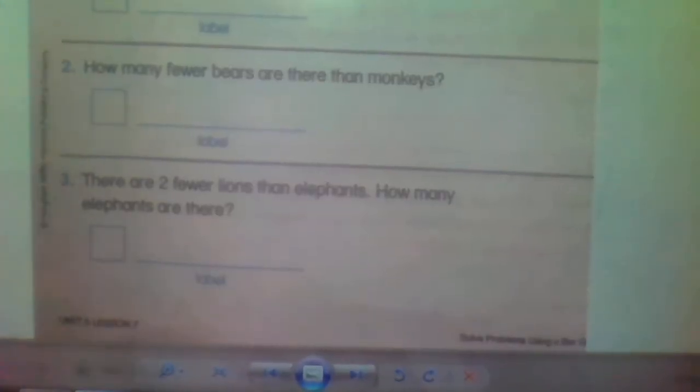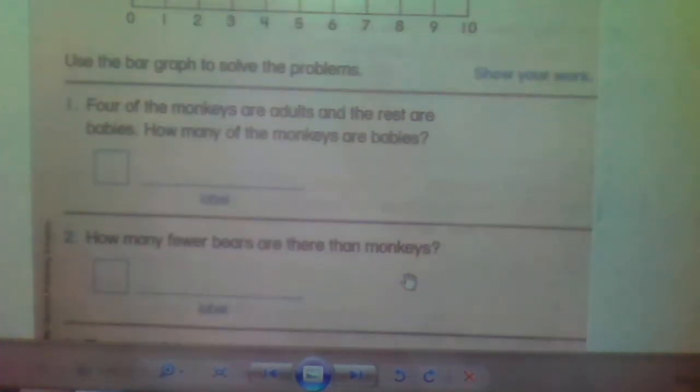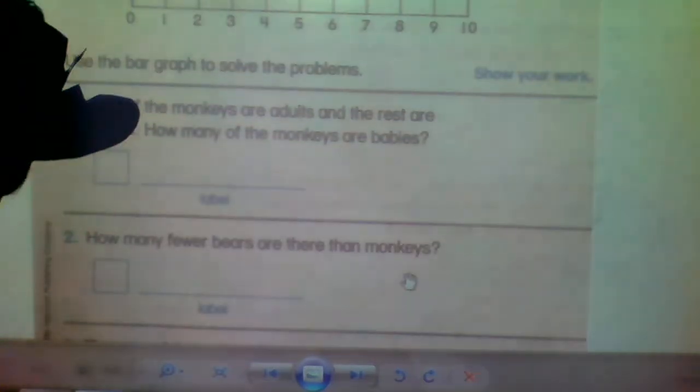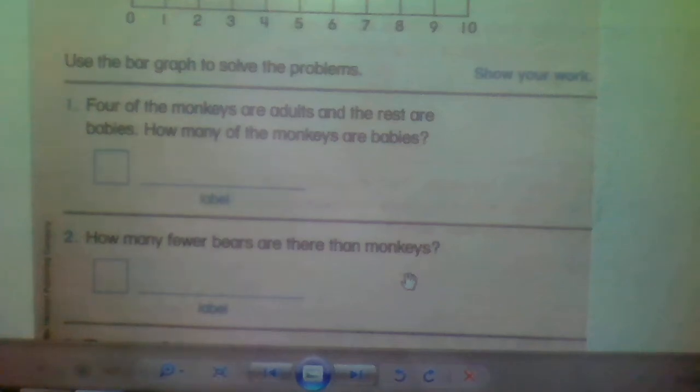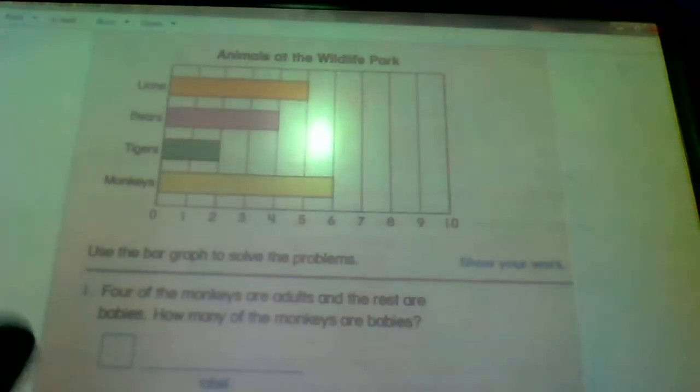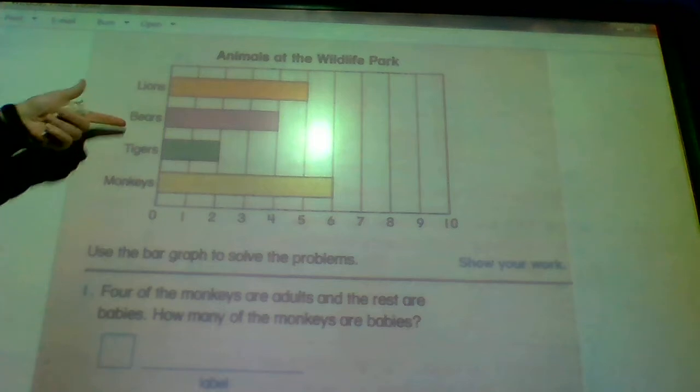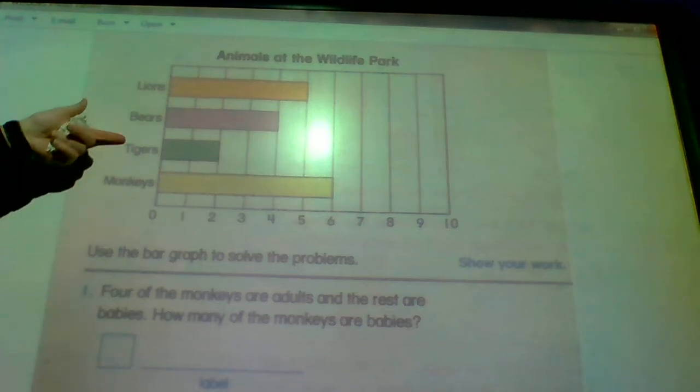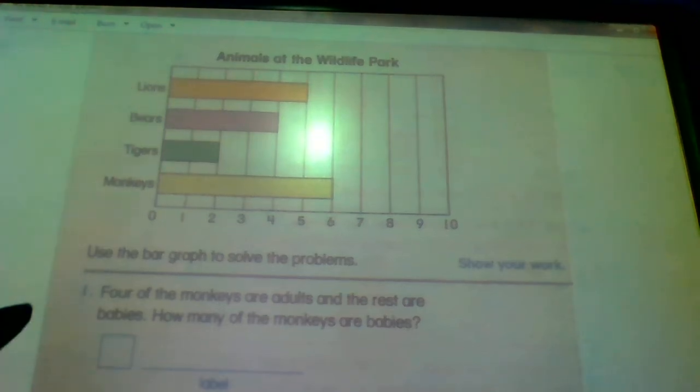How many elephants are there? Now when we come back here, and you look at our graph, there are no elephants on here. What? There are no elephants on there.